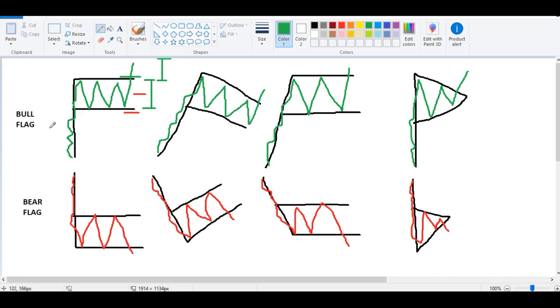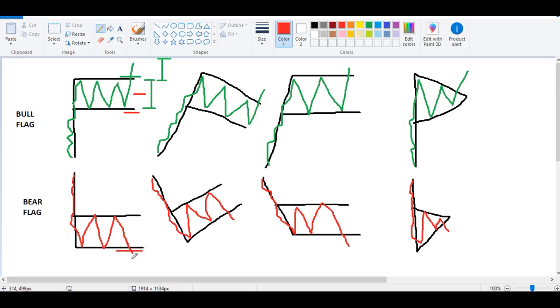Now, just like the bull flag, we also have something known as a bear flag. This occurs in a downtrend, when price is trending down or it's bearish, and you get a sideways movement or a sideways consolidation in a downtrend. That is known as a bear flag. And we enter the moment the consolidation area breaks.